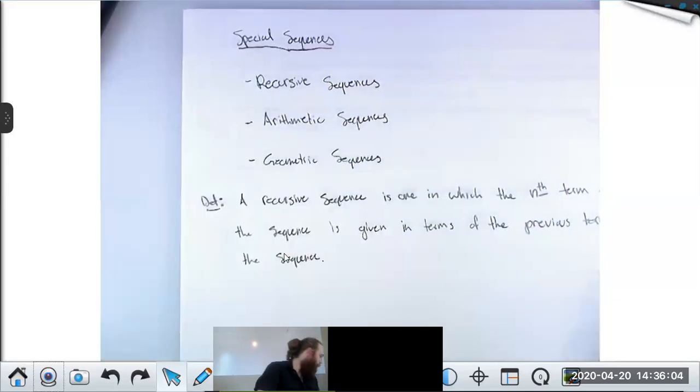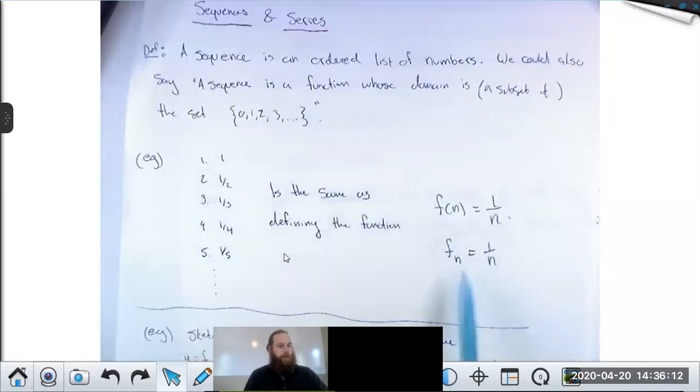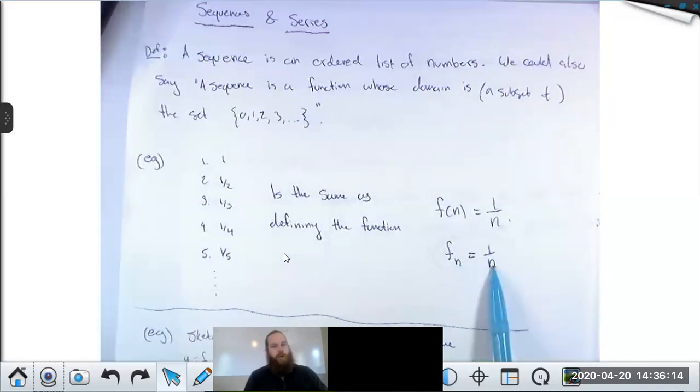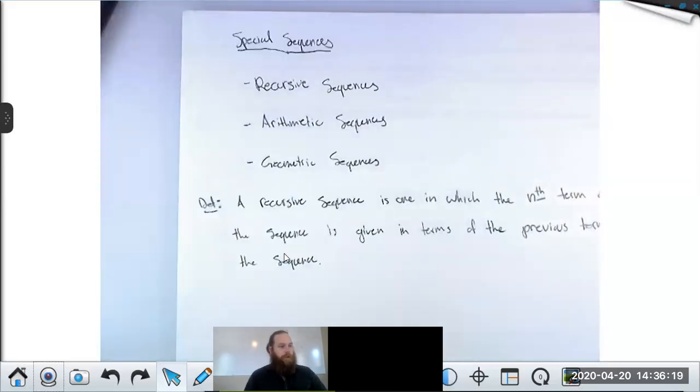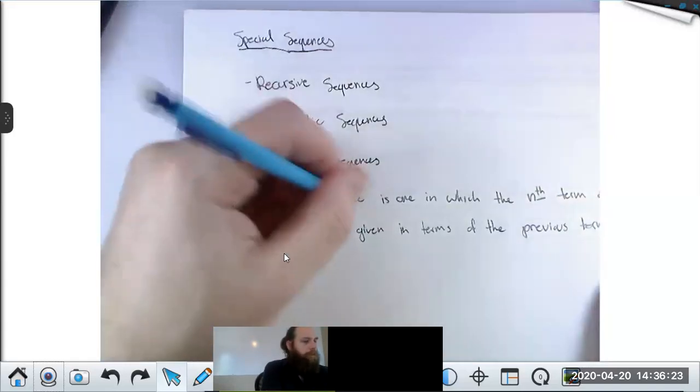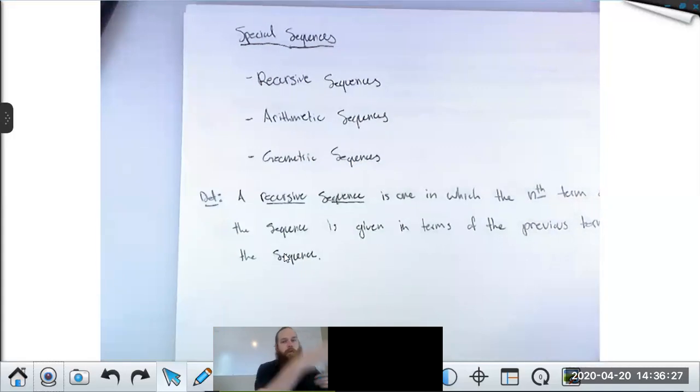So like our very first example, here the nth term of the sequence is 1 over n. We're given a formula for it. But in a recursive sequence, rather than being given a formula for the nth term, I'm given a formula that tells me how to calculate the nth term from the previous terms.